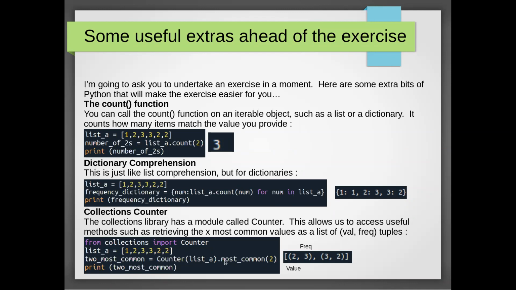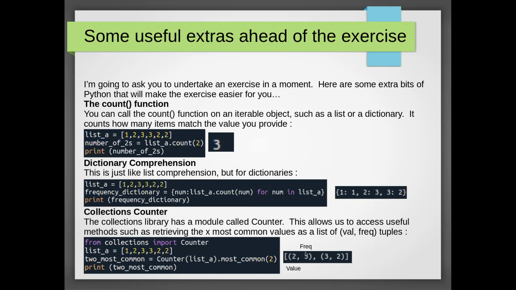And then I can call various different methods of the counter module, and I'm going to here call the most common method, and I pass in the value for X. In other words, I want to grab the two most common values. If I put 5 here, it would give me the 5 most common values, etc. And then I can just print that.